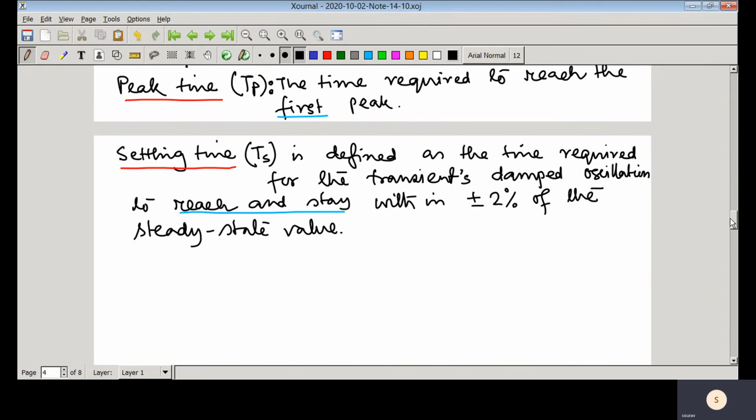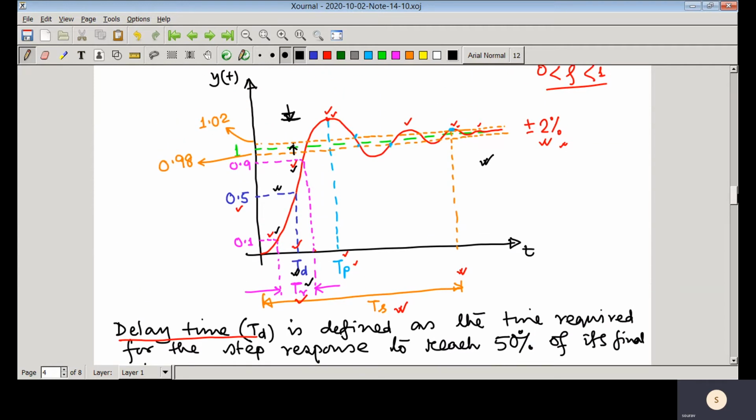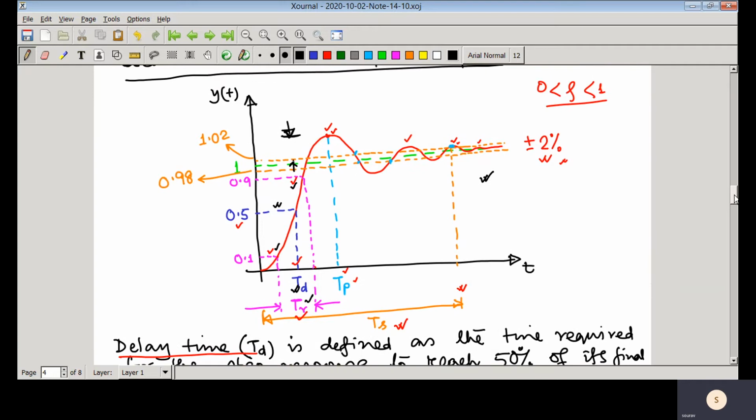So now the point is how to calculate, how to evaluate those values. So first we will be considering the peak time. Now if you just see the time response, you can see that at the first peak the slope would be equal to 0.